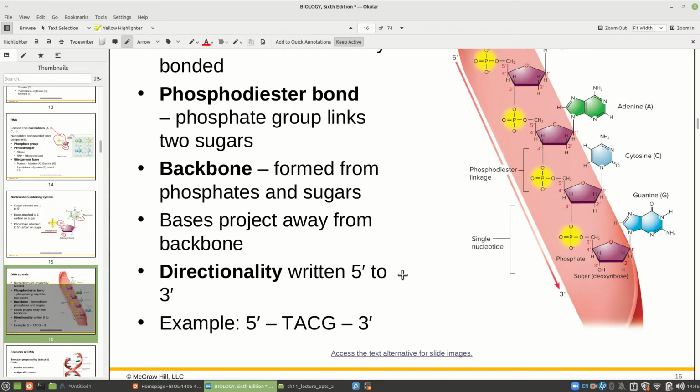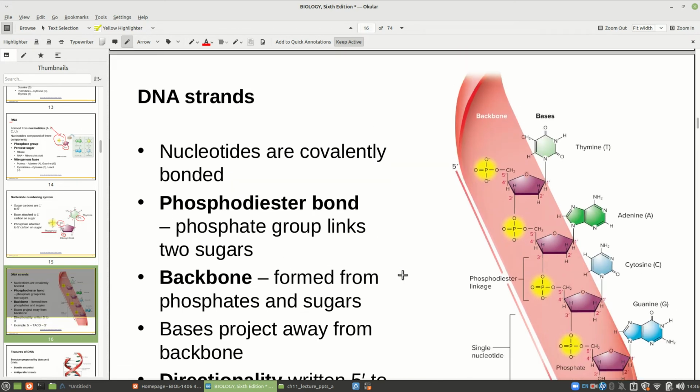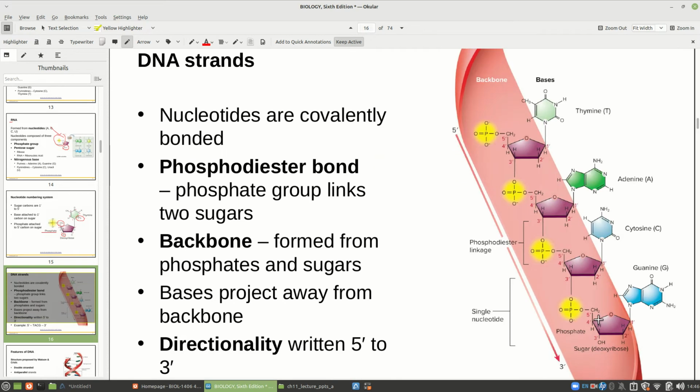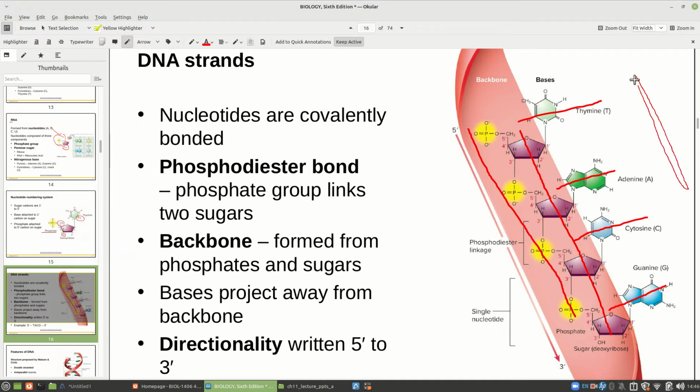All right, now here we go back, and of course we have our base pairing. This is a single strand. Notice that the phosphates line up here, the sugars line up here, and that the bases stick out. And that's because they're going to bond with the other strand of DNA. So if this is a T, then over here you're going to have this in reverse.